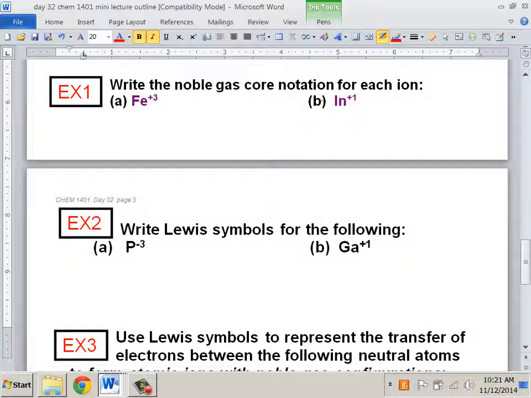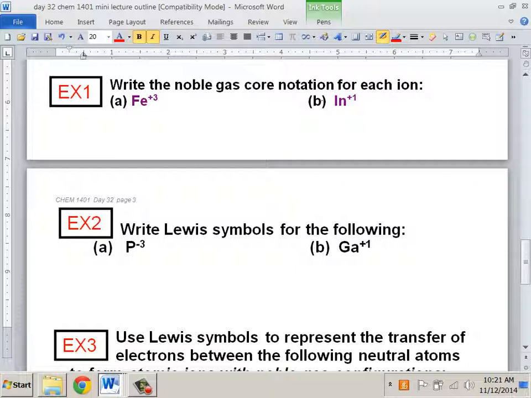Does anybody know what it is? You're really writing the electron configuration. If you just don't look at iron 3 and pretend it's what element? Pretend it is vanadium. So pretty much just write the electron configuration for vanadium. It's a lot easier to see, right? So write the electron configuration in noble gas core notation for vanadium.